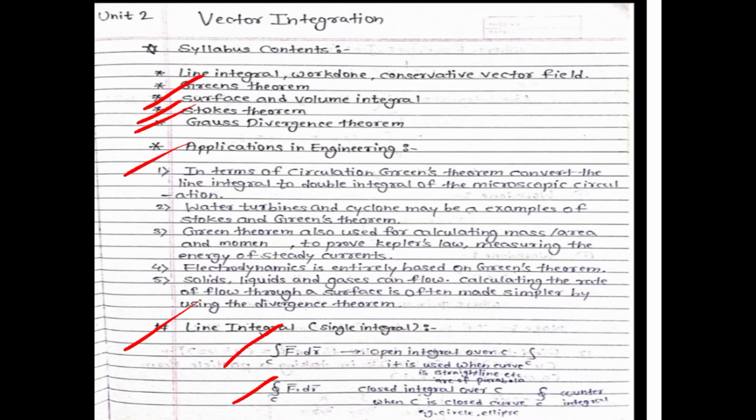For example, if we have a circle or ellipse in the problem, then we have to use the closed integral, and the rest of the method to solve that integral is the same, but we have to understand the difference between closed and open integral. The closed integral is also known as contour integral. Okay, so let us move towards next.